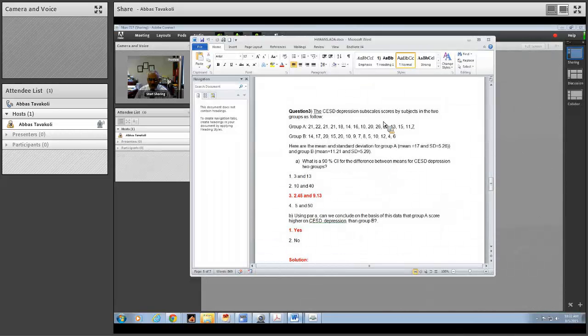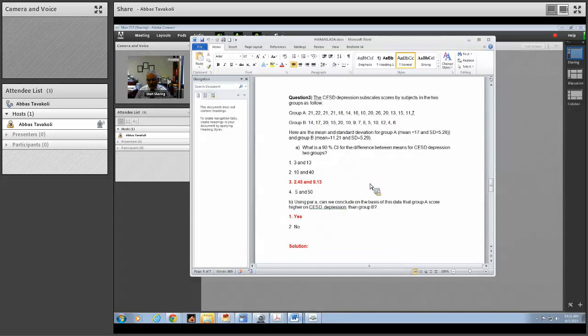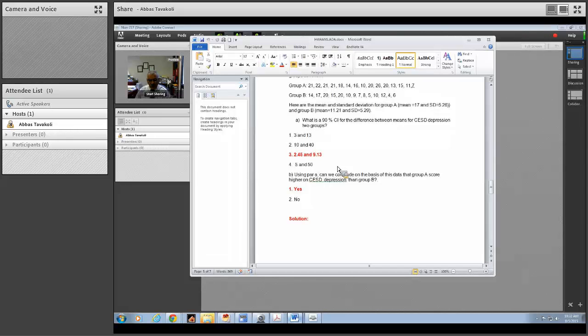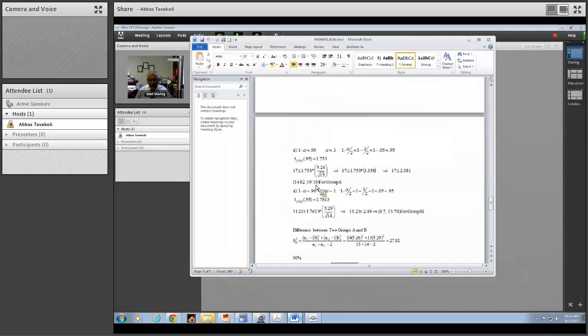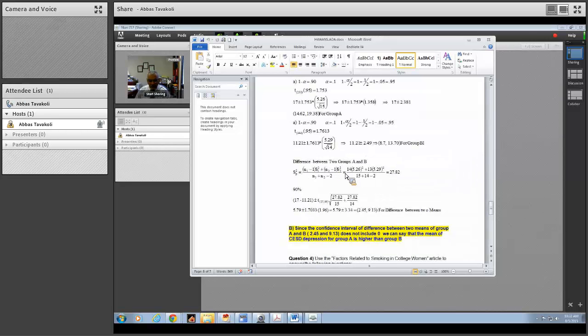Question 3: we have a depression score for two groups, A and B, and the mean and standard deviation for group A was 17 and 5.26, and for group B 11.21 and 5.29. I ask you to calculate the 90% confidence interval for the difference between means for depression for the two groups. Again, we're using the formula for the difference between two groups.